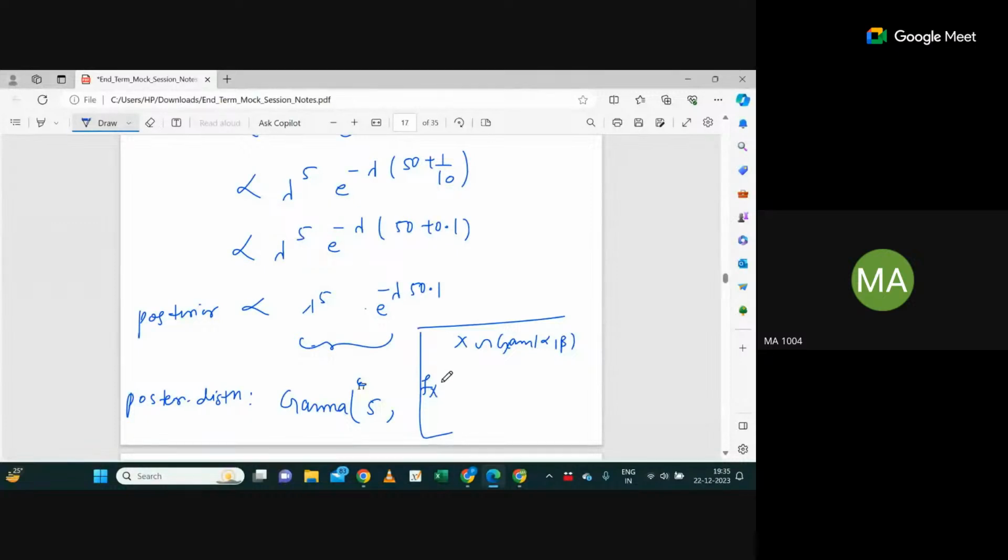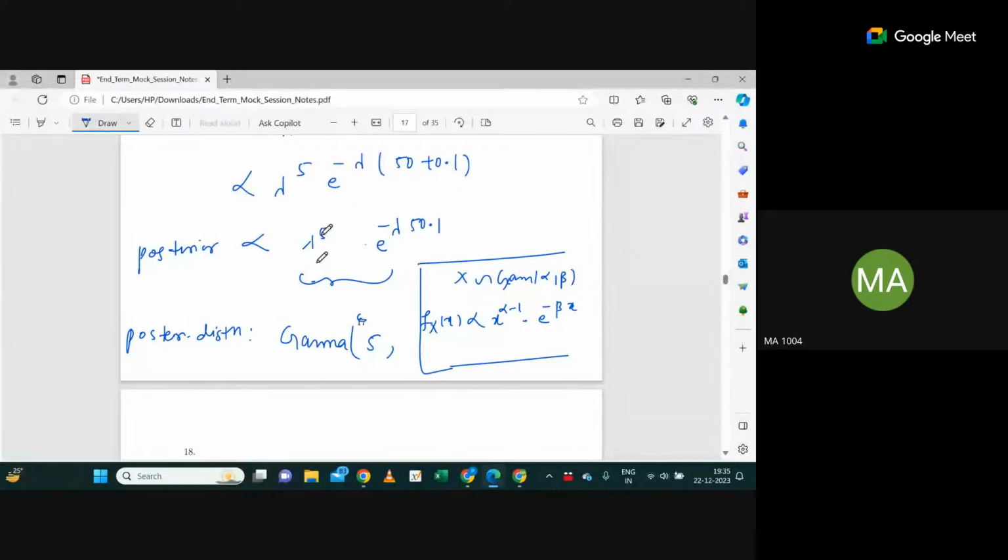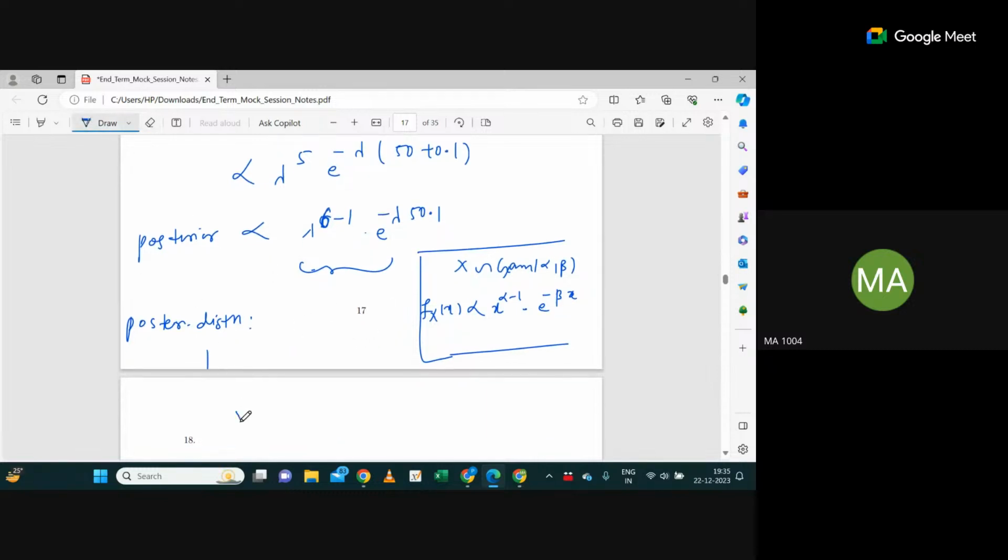I'm not writing the constant. It's proportional to x raised power alpha minus 1 into e raised power minus beta x. So this 5 I can write as 6 minus 1. So parameter will be, let me write on the next page, gamma 6 comma 50.1. Okay, this is the parameter.